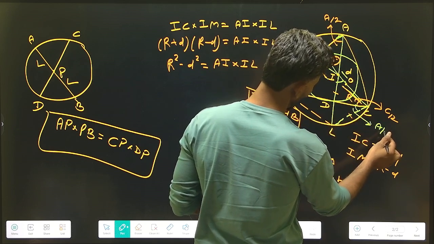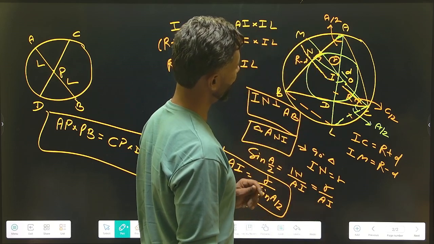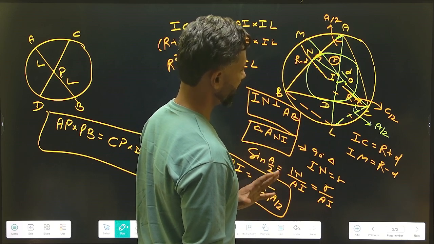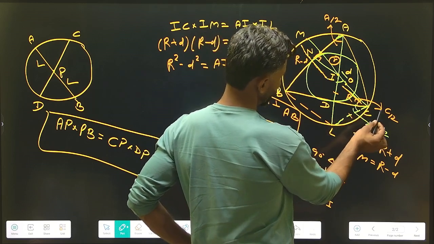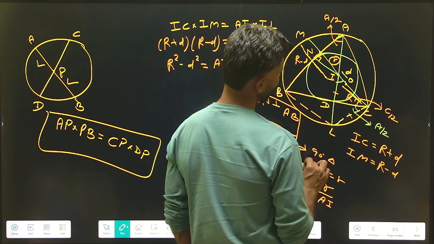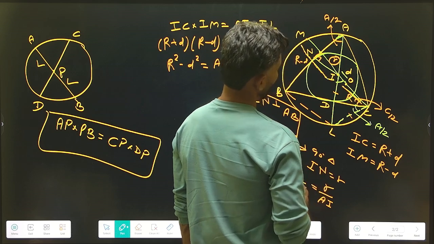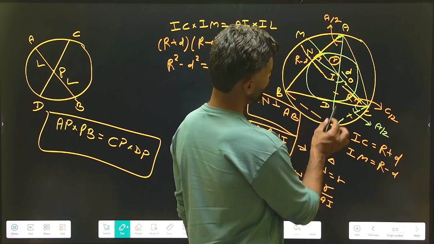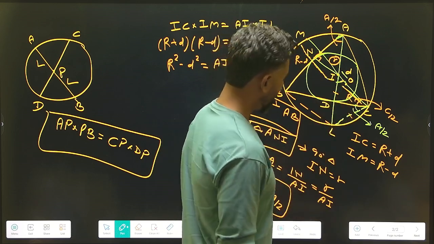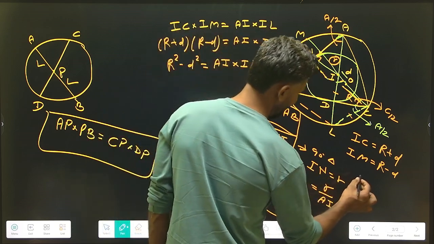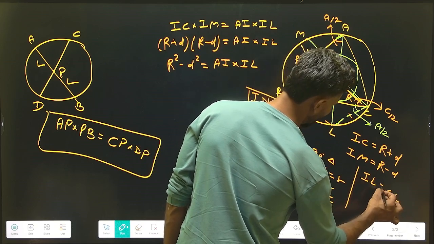So this complete angle is C by 2 plus A by 2. In the same way, this angle at I will also be A by 2 plus C by 2. When these two angles are equal, I can say that IL is equal to CL.